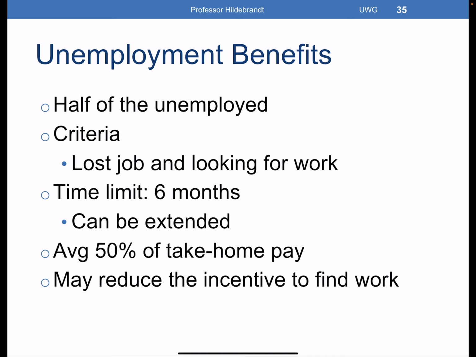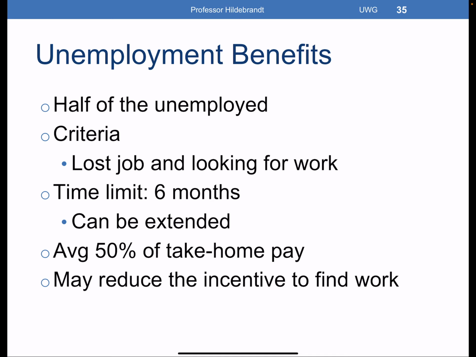There are some criteria. This criteria, though, is often changed or extended during contractionary periods. So the criteria is that you've lost your job through no fault of your own and you're actively seeking work. Again, you typically can receive benefits for about 6 months, and you'll get about half of your previous take-home pay.